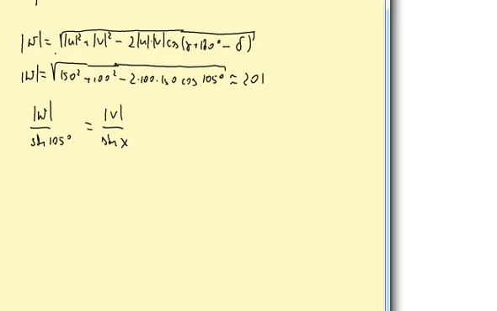Then after making sine x the subject of the formula, you'll get sine x equals the length of V divided by the length of W times sine of 105 degrees.